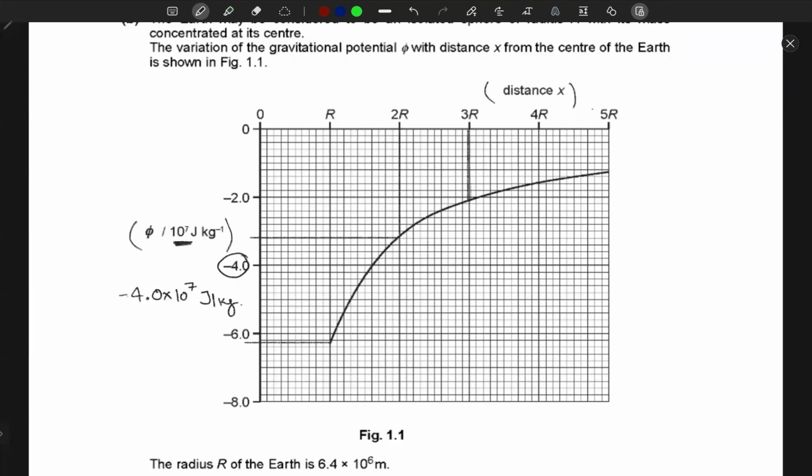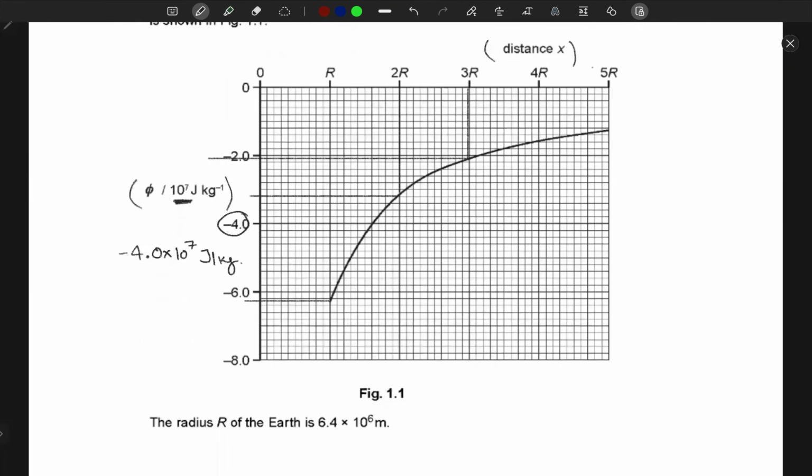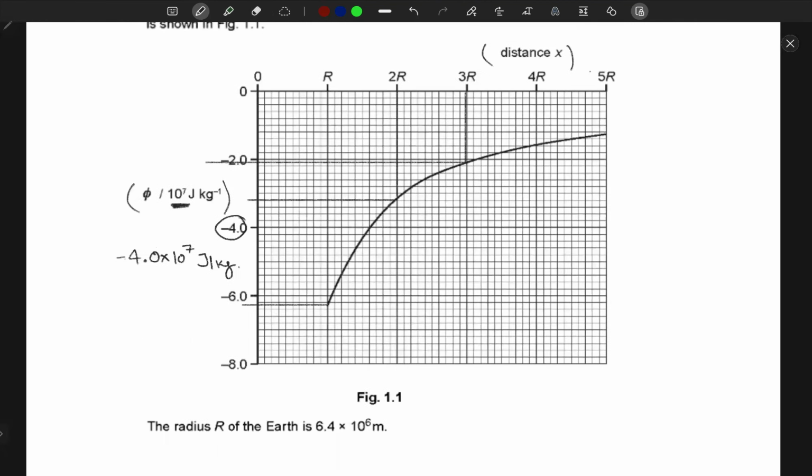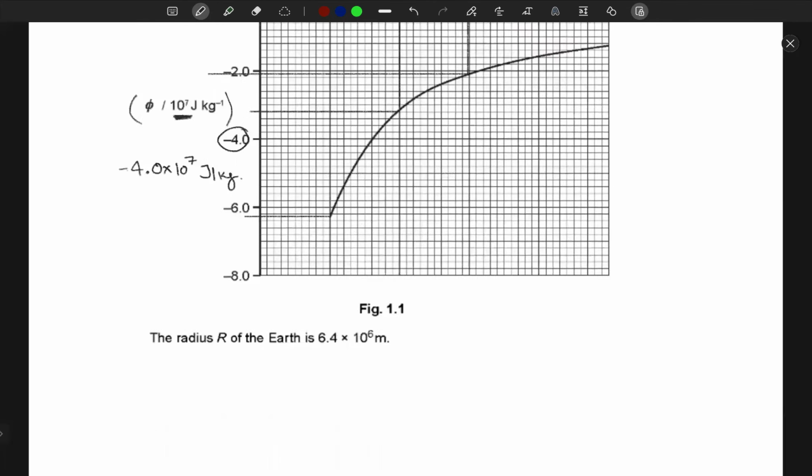Everyone agrees? The potential is increasing as we move away from the Earth. Yes. All right. So you're given the radius of the Earth as this.